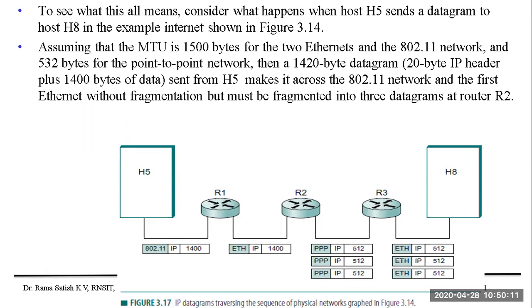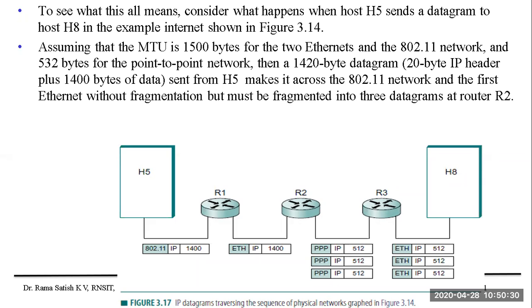So what happens? H5 sends the first frame on the 802.11 network without any fragmentation, because 1,400 will easily fit in 1,500. So it will transmit as it is.